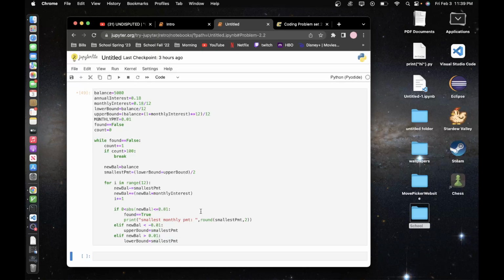If new balance less than -1, upper bound equals smallest minimum payment.